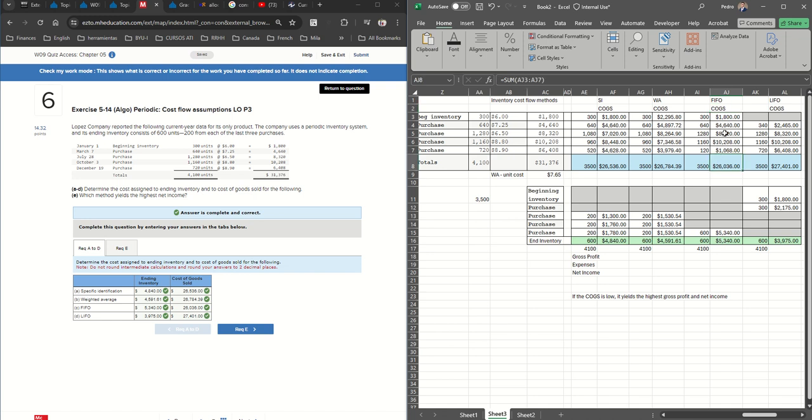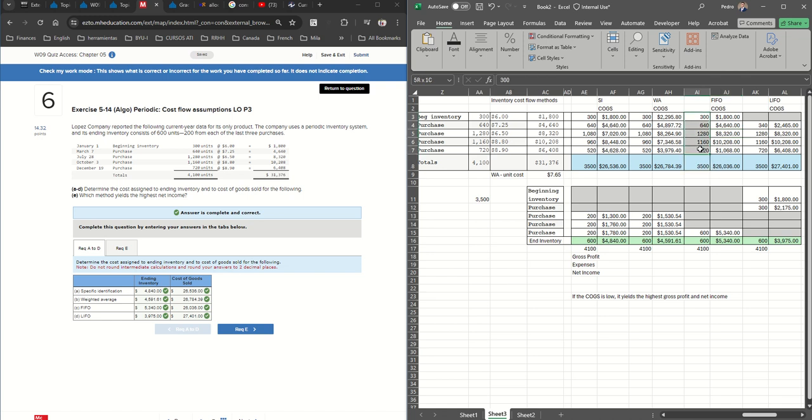As you know, in the FIFO method we start selling the first purchased units.